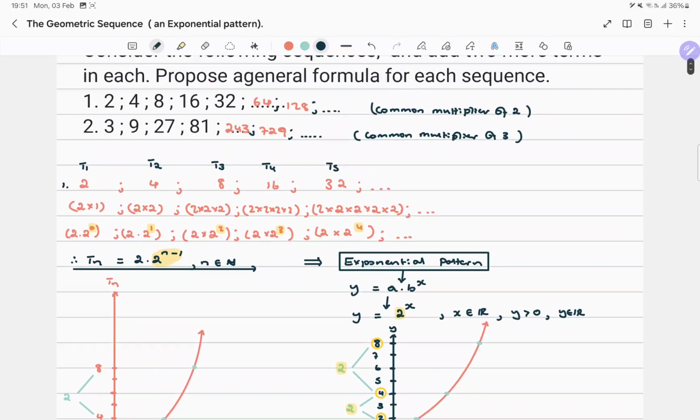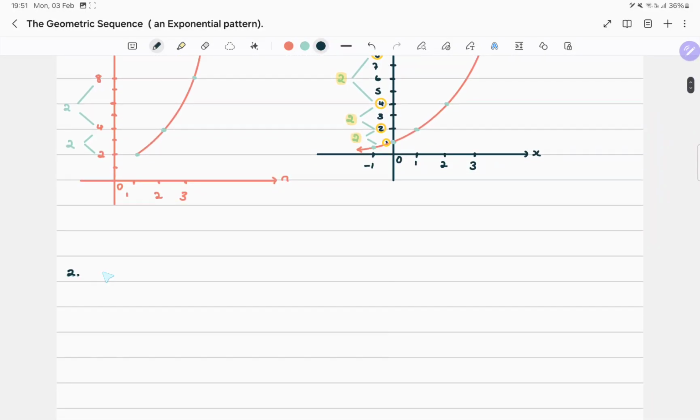Second one starts with 3, 9, 27, 81, and this keeps on going. So this is the same as 3 times 1. This is 3 times 3, 3 times 3 times 3. Try to use prime factors, okay? The smaller ones. 3 times 3 times 3 times 3.